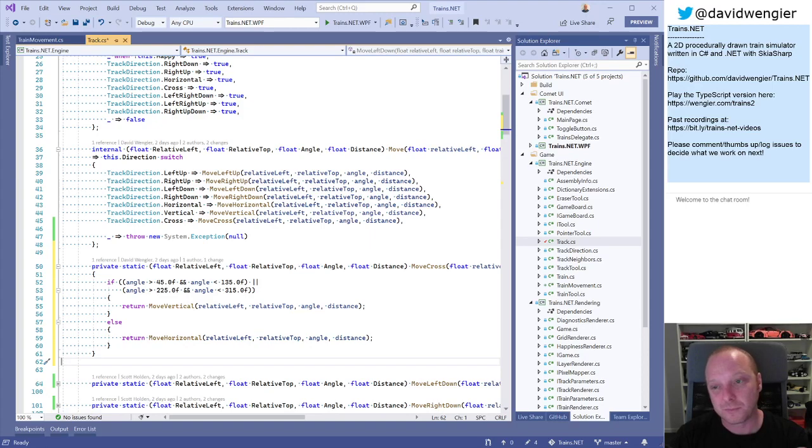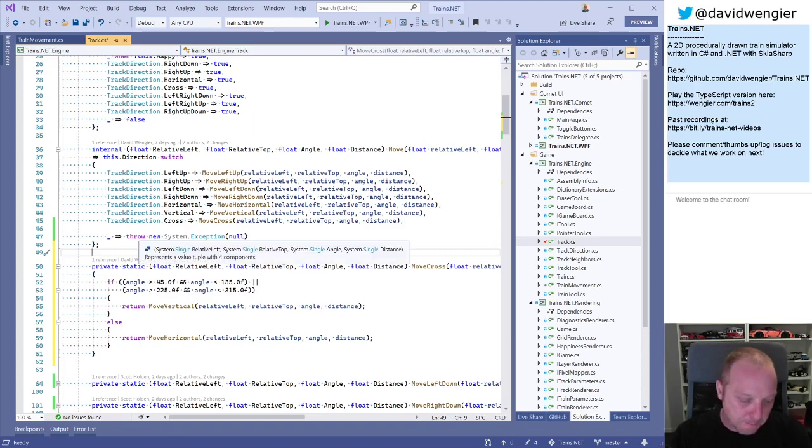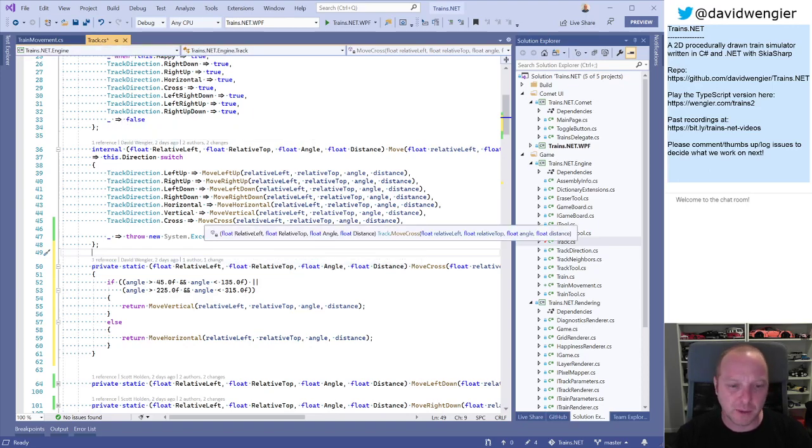So, right now tracks are all represented by this track class, and they have this track direction that moves them around. In future, I would like that to be different. I would like there to be different classes for tracks, different track types and whatever. This one might stay a simple track, but maybe not.